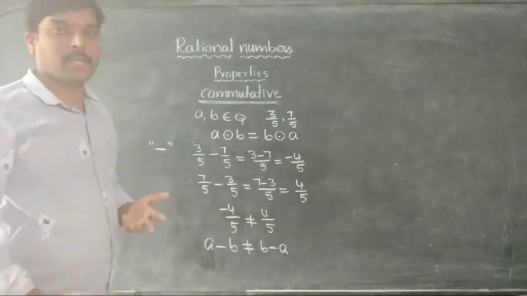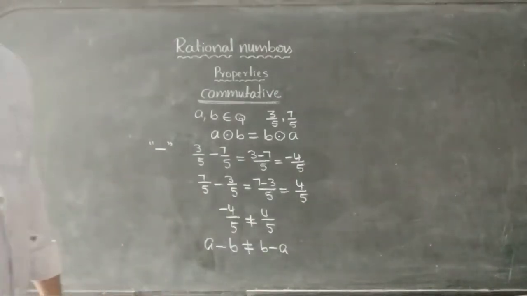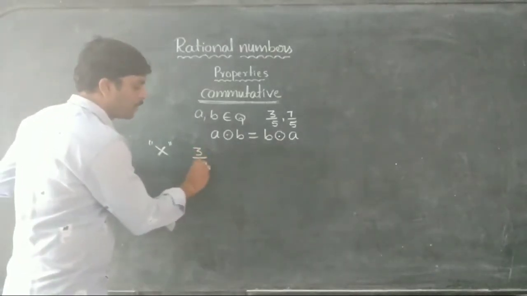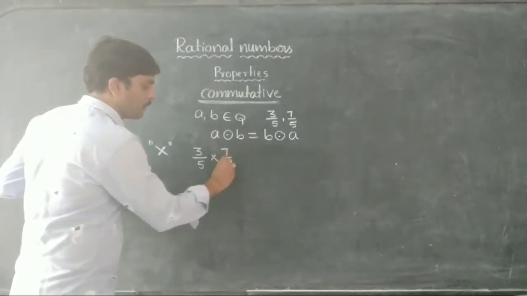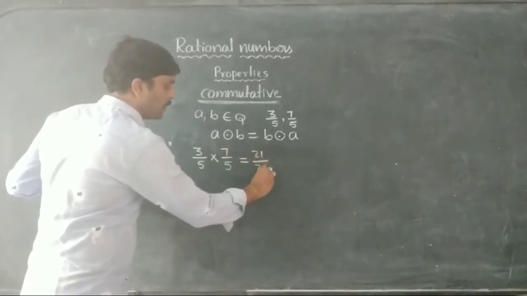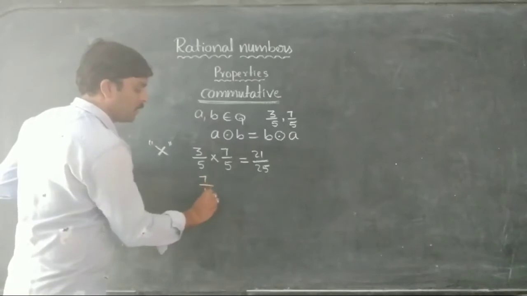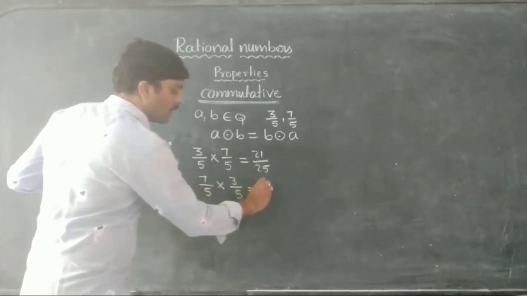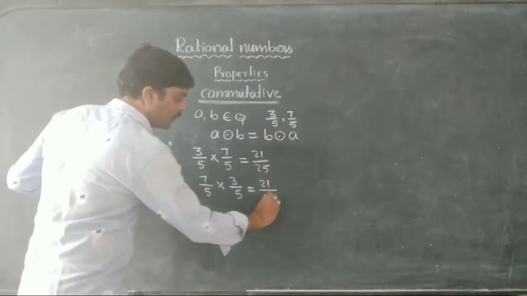Next we can check multiplication. Now multiplication, 3 by 5 into 7 by 5: 3 sevens are 21, 5 fives are 25. Next, 7 by 5 into 3 by 5: 7 threes are 21, 5 fives are 25.